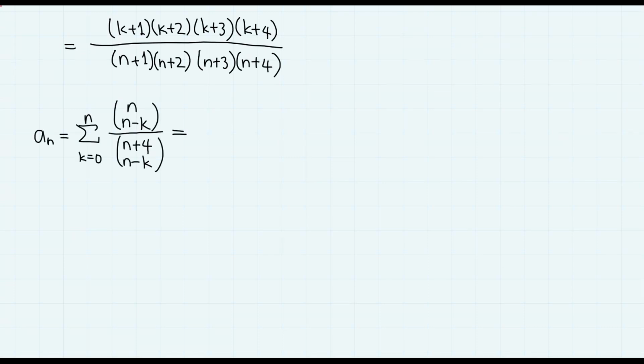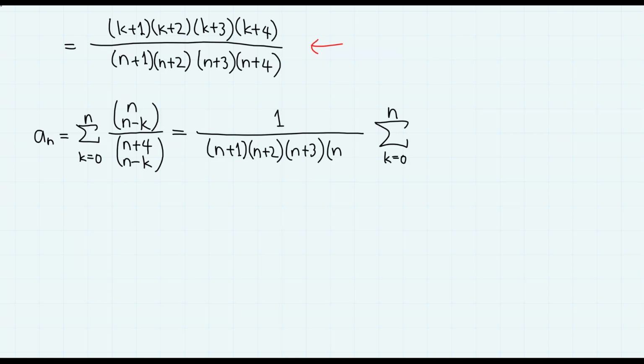Therefore, the summation an equals the summation of this term. We can take out 1 over n plus 1, n plus 2, n plus 3, n plus 4 to the front. And inside the sigma, we have k plus 1, k plus 2, k plus 3, k plus 4. In order to convert this into a telescoping sum, we multiply by k plus 5 minus k, which is just a constant 5.